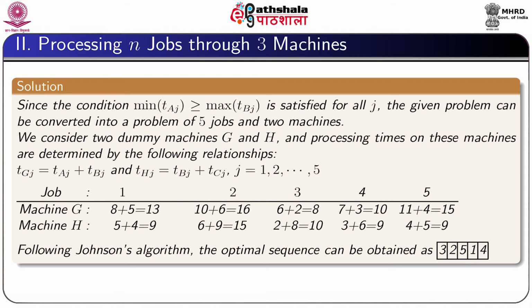Tgj equal to Taj plus Tbj and Thj equal to Tbj plus Tcj for j equal to 1 up to 5.